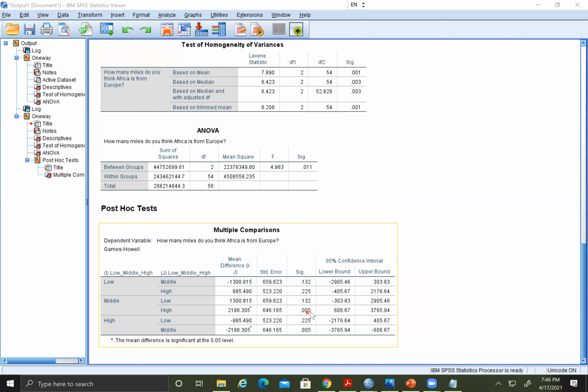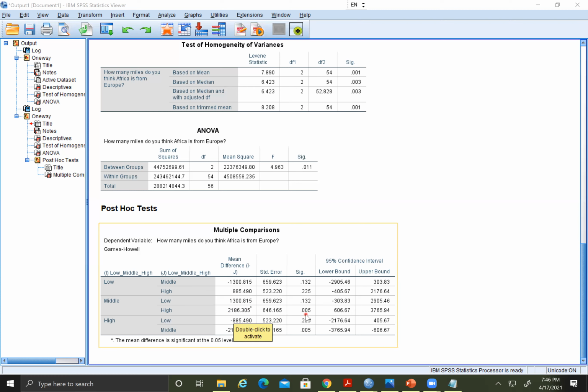When these are significant, the probability is very, very small. That means this difference is significantly different from 0. So whatever you see here, the difference is significant.